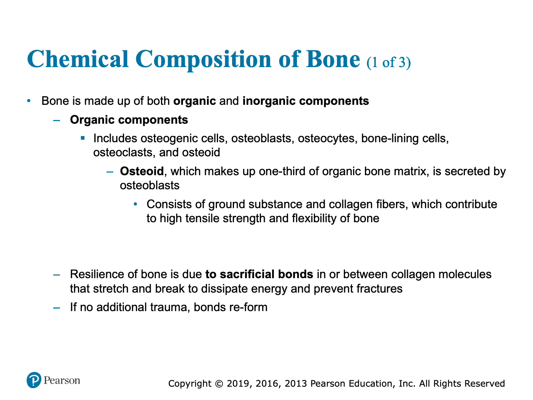Very important. This is from lab and lecture. Sometimes it shows up on the lab test. It always shows up on the lecture test. I just said it. Osteoblasts make osteoid. What is osteoid? It's this goo. It's mostly collagen, and collagen is protein. It is the most abundant protein in your body.